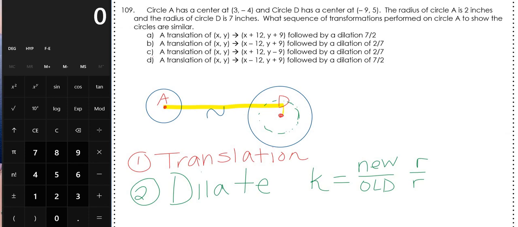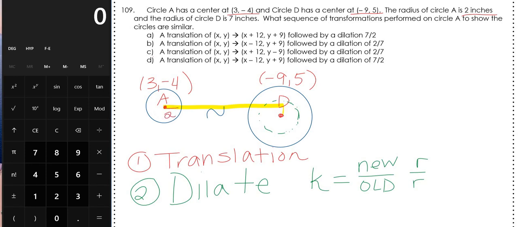Okay, so circle A has a center at (3, -4). So I'm going to put that down, (3, -4). And circle D has a center at (-9, 5). The radius of circle A is 2 inches. I'm going to put that in, 2 inches.